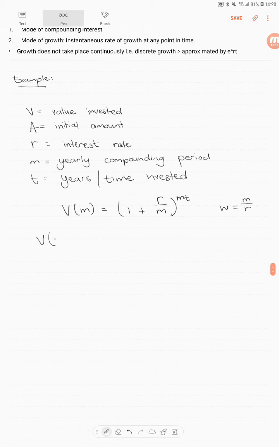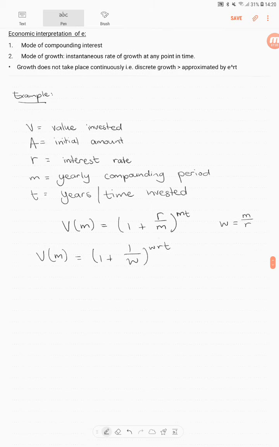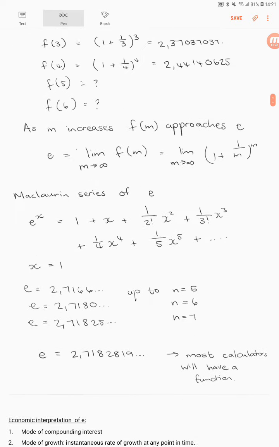V of m, if W is equal to M over R, is equal to 1 plus 1 over W, all to the power of W times RT. What does this function remind you of? Simply our exponential function.